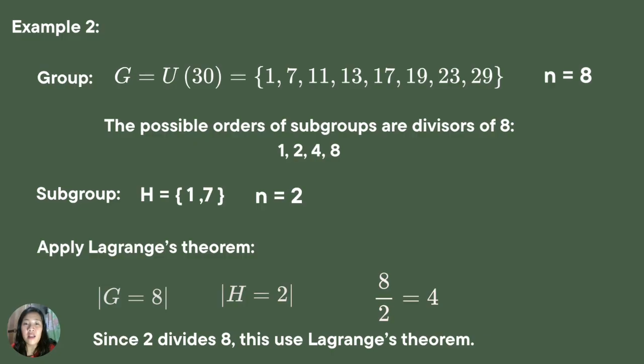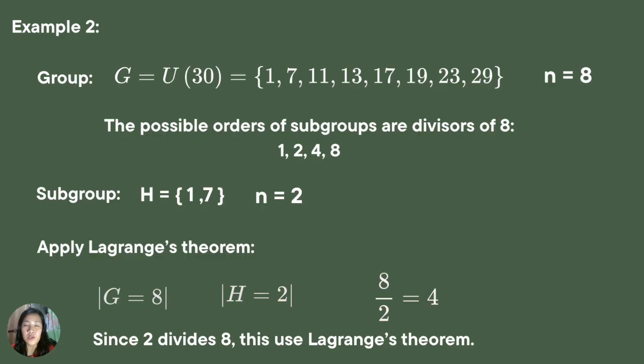Specifically, the elements are 1, 7, 11, 13, 17, 19, 23, and 29. So there are 8 elements in total.